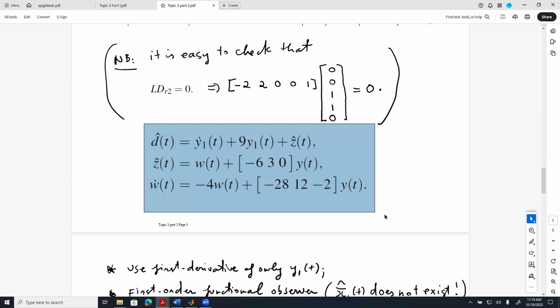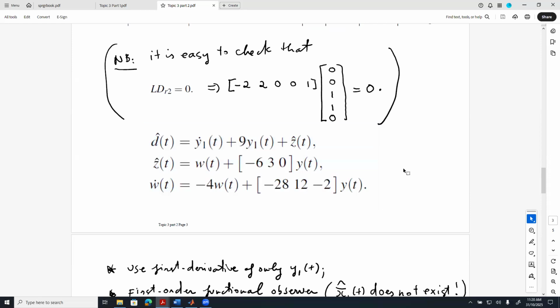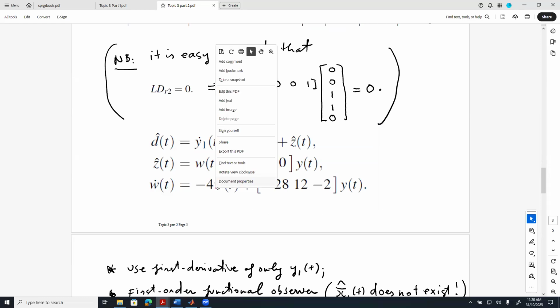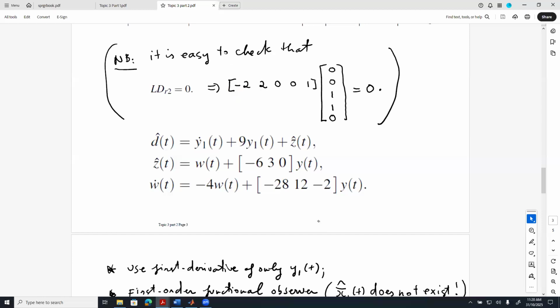By the way, this bit here is not the bar, the hat, it's actually the 1. It's the unknown input, d1 of t. So there was a typo in here. This one is the 1 here.